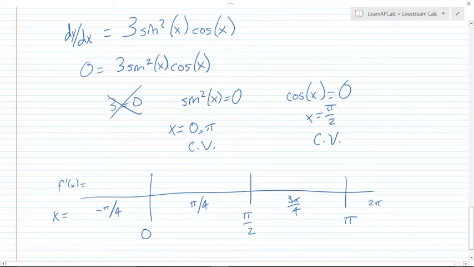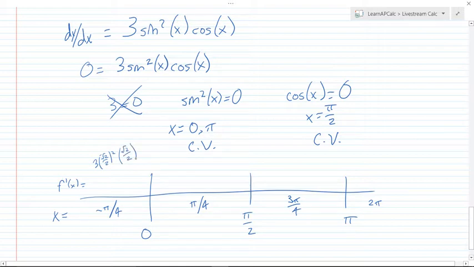Alright, so the sine of negative pi over 4 is going to be equal to 7 pi over 4. Alright, so this is 3 square root of 2 over 2 squared times square root of 2 over 2.